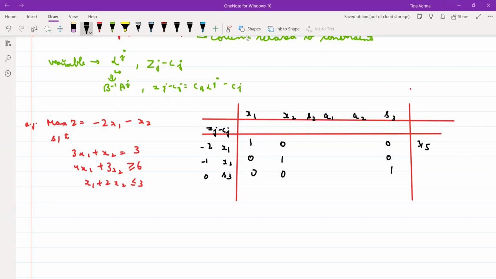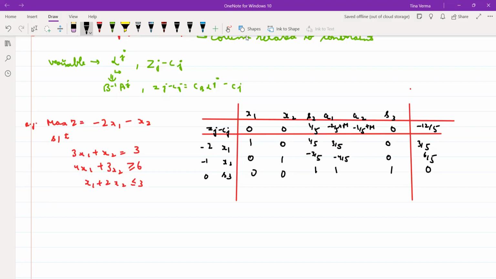This comes out to be 3 by 5, 6 by 5, 0, and this is minus 12 by 5. This is 0, 0, 0, and this entry is 1 by 5, minus 2 by 5 plus M. This is minus 1 by 5 plus M. This is 1 by 5, minus 3 by 5, 1, and this is 3 by 5, minus 4 by 5, and this is your 1.